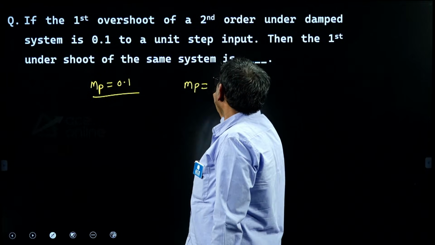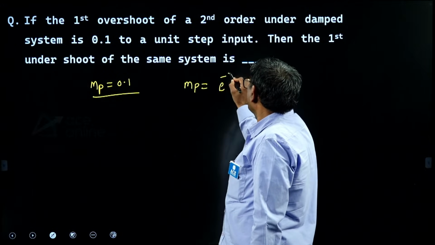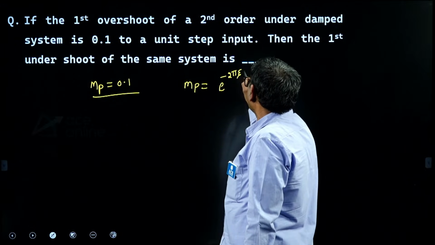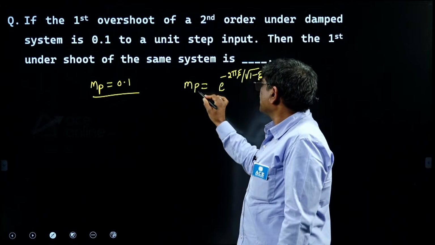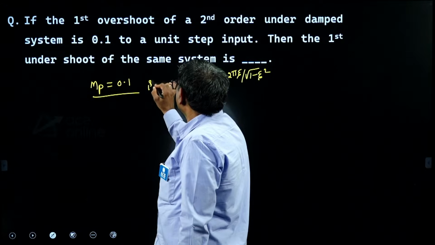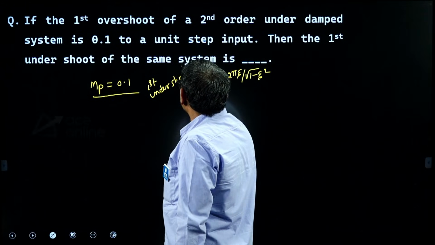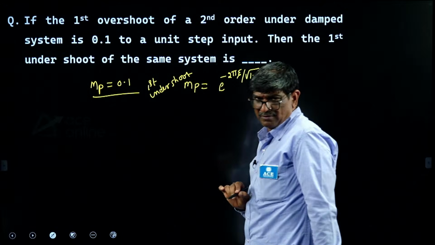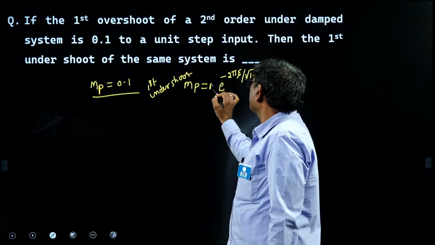Anybody? It is e power minus 2 pi zeta divided by root of 1 minus zeta square. It is for the first undershoot. You can take default AK1, or even AK, nothing wrong.